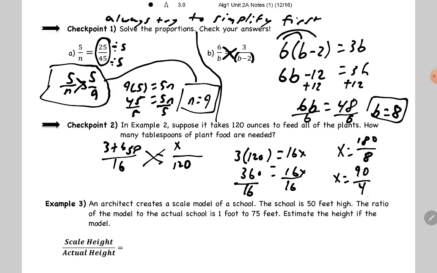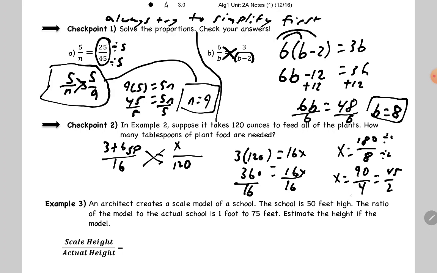If I do that again, I'll get x equals, so I'm just dividing by 2. If you don't know what to divide by, it's always a good guess to try 2. This is 45 divided by 2.